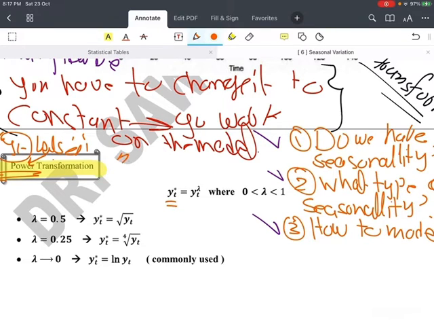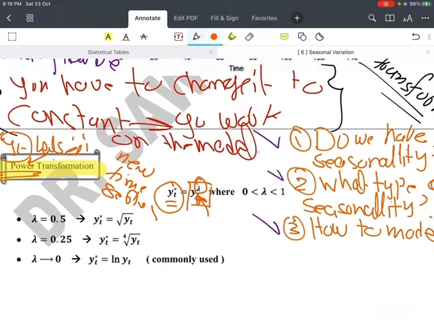Because it is a new time series. The new time series is the old time series with the power lambda. So how did I make the new one? I took the old one, put a power on it, and I named this power lambda.